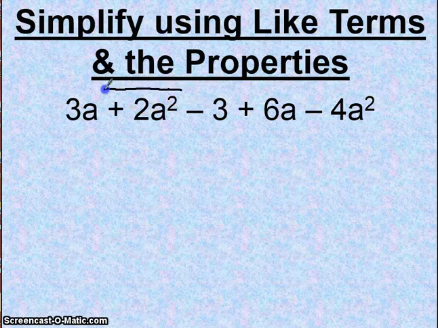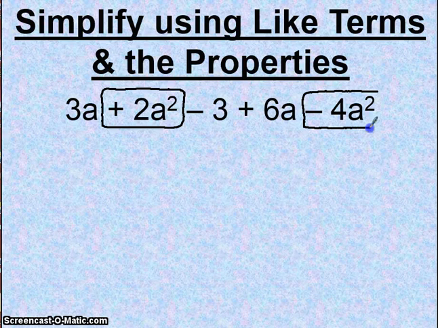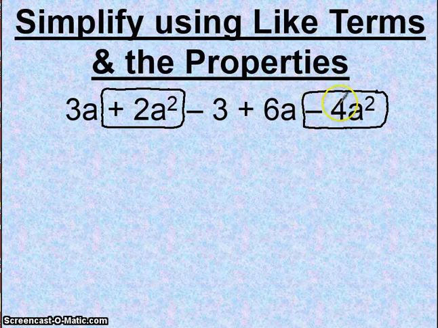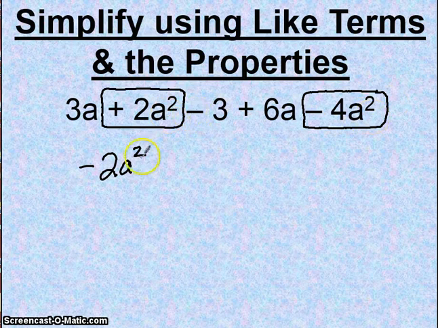So we have positive 2a squared. Take away 4a squared. Well, what does positive 2 and negative 4 make? Positive 2 minus 4 makes negative 2a squared. Notice the variables do not change in addition and subtraction.